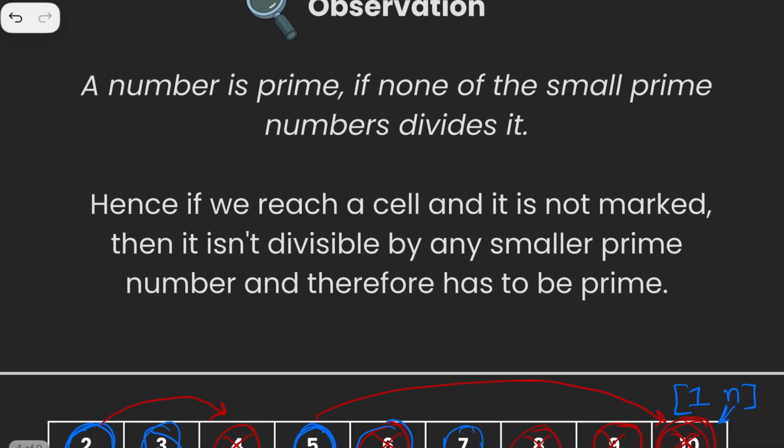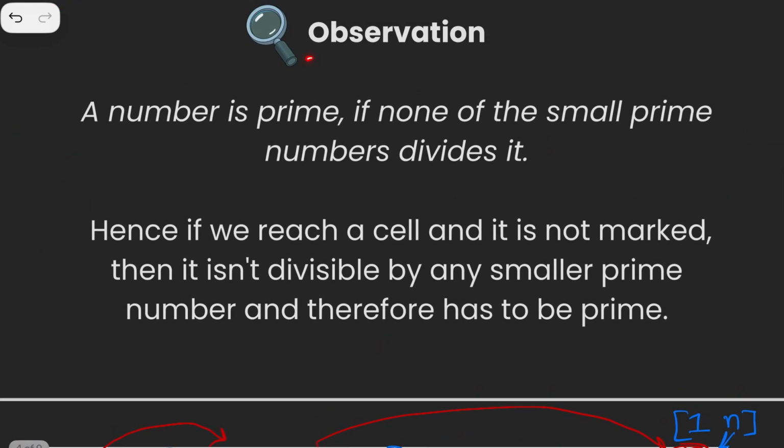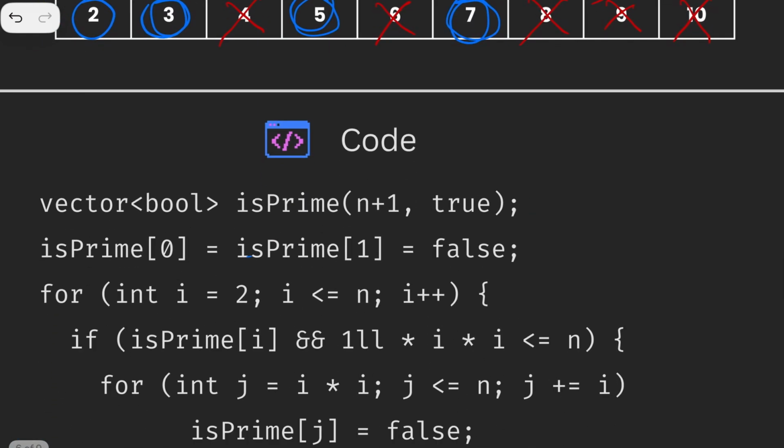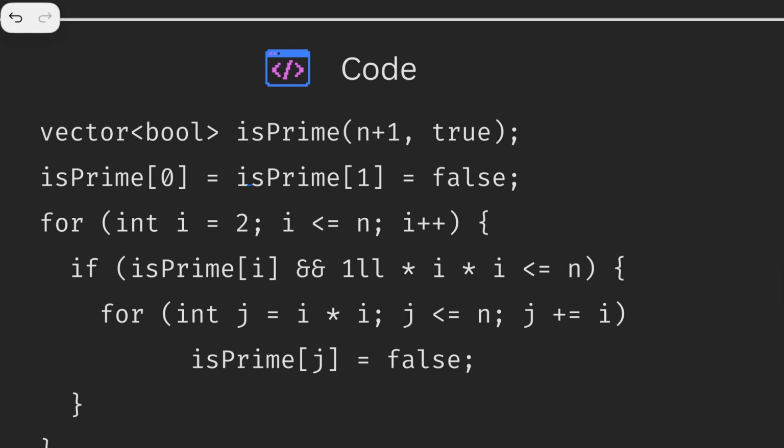Why we don't process composite numbers? Well, we discussed that while we were discussing this observation, right? A number is a prime number if none of the smaller prime numbers divides it. We don't need to worry about the composite ones. So that's the logic we are following here. So we have the isPrime array. Initially everything is true. We start from 2. We check whether that particular i is a prime number or not.